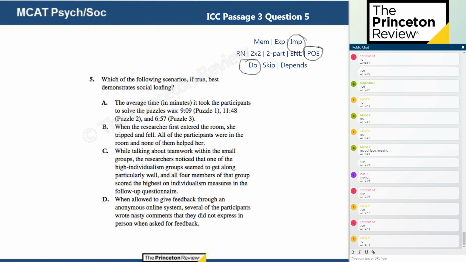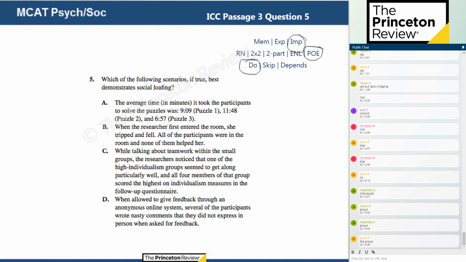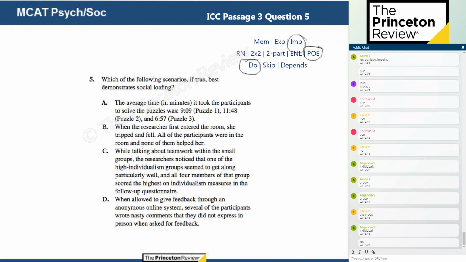Puzzle 1, who did puzzle 1? Individuals. Who did puzzle 2? The group. Who did puzzle 3? Okay, so when it takes the group longer to do the puzzles than it took the individuals, does that indicate social loafing? Yeah.